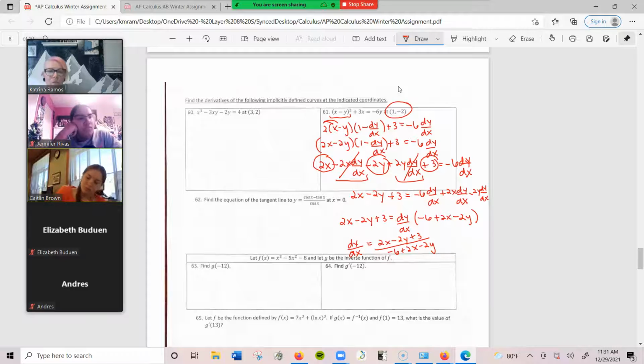So at this point, remember that the question is asking for the derivative at the particular point. So here the x is 1, the y is negative 2, we plug that in. So 2 times 1, so 2, minus 2 times negative 2, making it plus 4, plus 3, all over negative 6, plus 2 times 1, which is 2, minus 2 times negative 2, which would be plus 4.